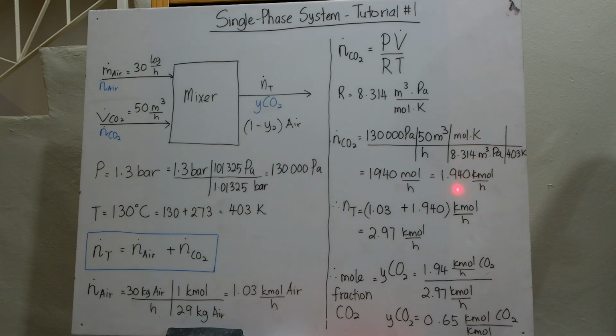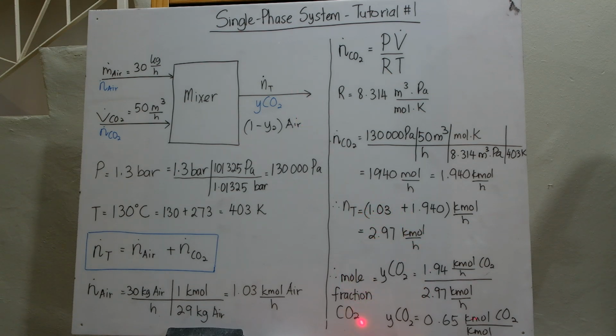Okay, so to find the total flow rate of the product, this is the equation from just now. You add the molar flow rate of air plus the molar flow rate of carbon dioxide, then you'll get the molar flow rate of the product. Sorry, I forgot the dot here again. Okay, right. And then you already have the molar flow rate of the whole product line.